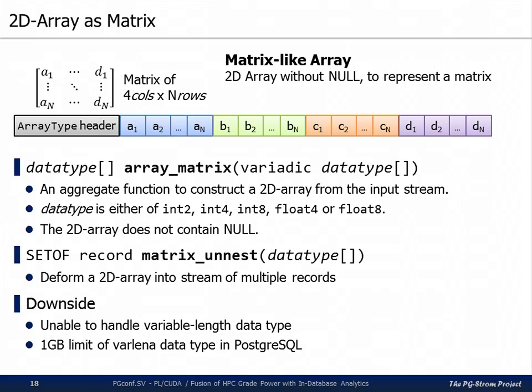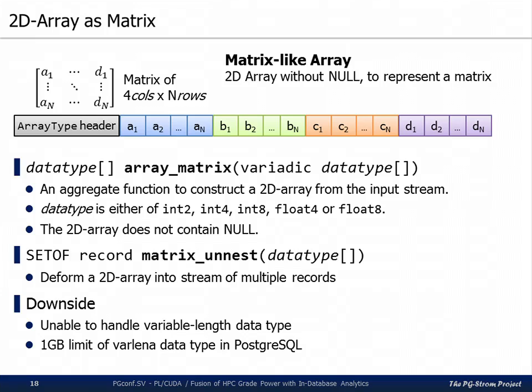If we add constraints to array type data, only fixed-length variables and only not null arrays, we can consider a two-dimensional array data type like a matrix.